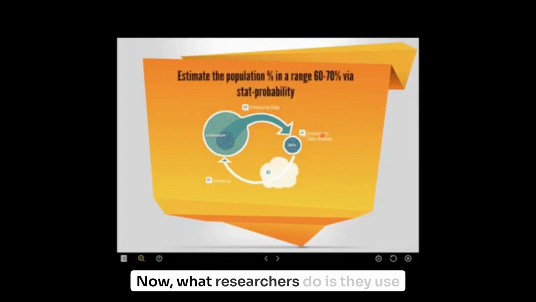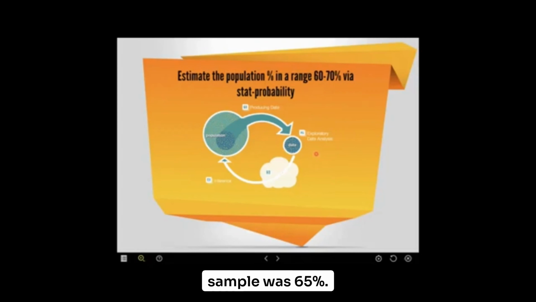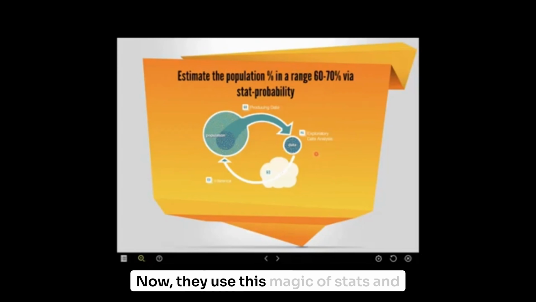Now, what researchers do is they use statistics or probability to estimate the population values based on these sample values. So the sample value for that given sample was 65%. Now they use this magic of stats and probability. And if you want to learn more about it, probably check a stats or research methods class in the psychology department.